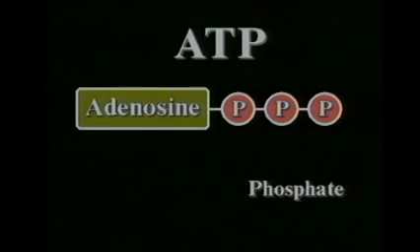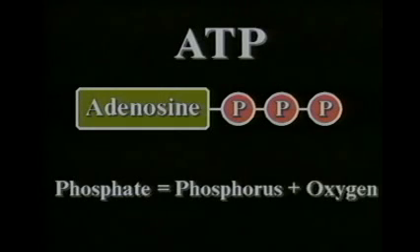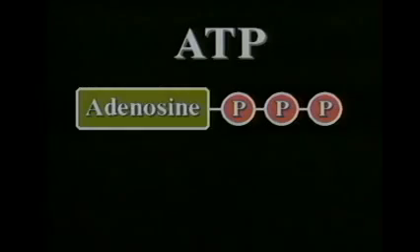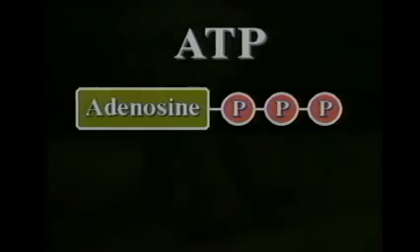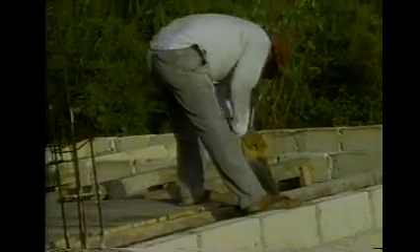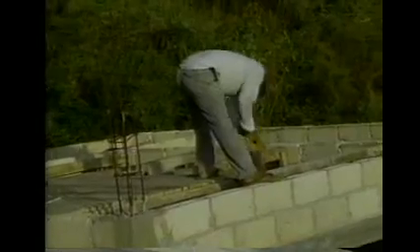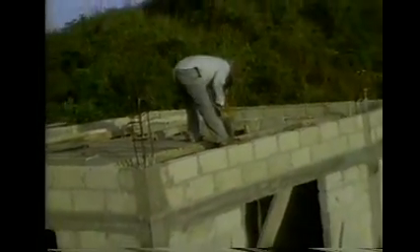These are special chemical groups composed of the elements phosphorus and oxygen. ATP directly energizes the chemical processes of life. This man may not realize it, but he could not work or move about without ATP. ATP delivers the energy that his muscles need to contract.